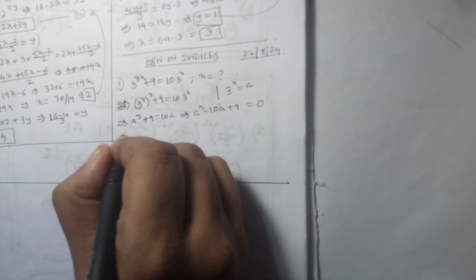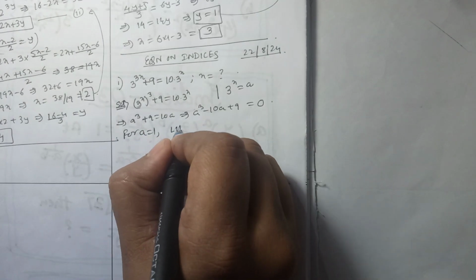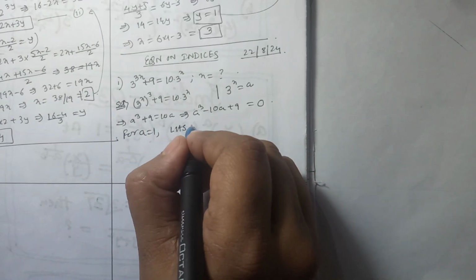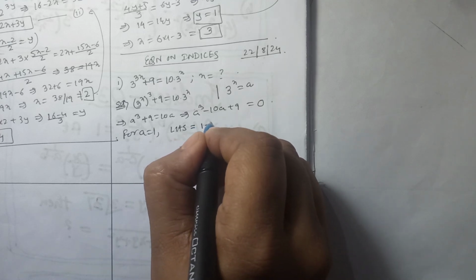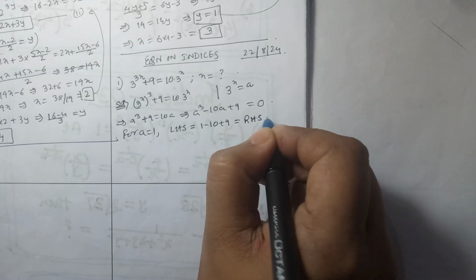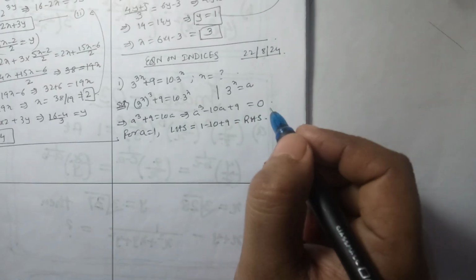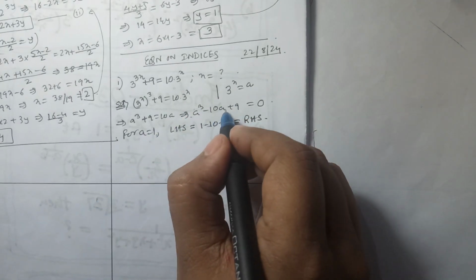For a equal to 1, I see that LHS is 1 minus 10 plus 9, which is equal to RHS, that is 0. So a equal to 1 satisfies this equation.